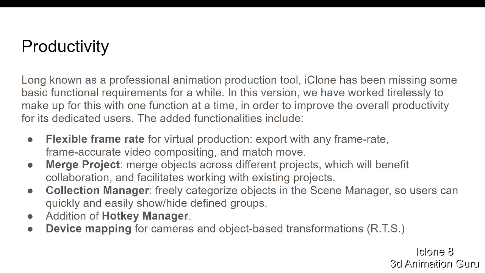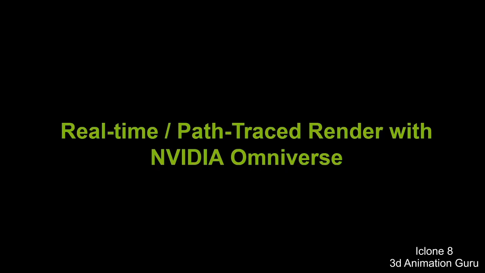The added functions include flexible frame rate for virtual production, and then you have the merge and correction of manager and device mapping. Then we have the real-time path trace render with NVIDIA Omniverse.